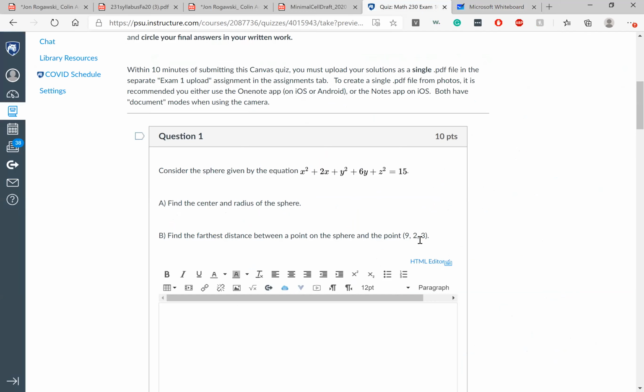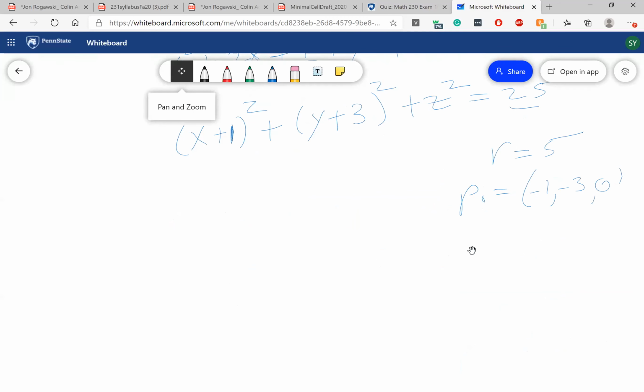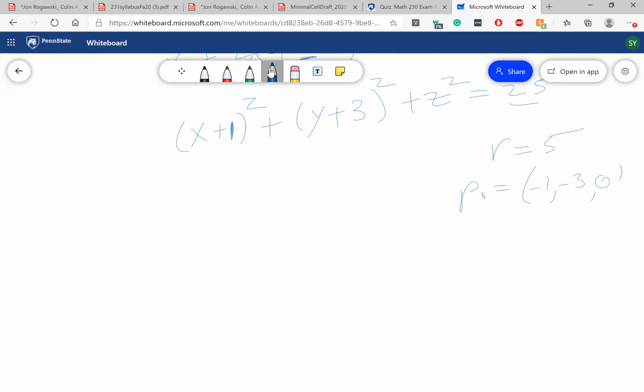Okay, so now we want to find the point on the sphere furthest from the point 9, 2, 3. So let's look at the other point. I'm going to call it Q, 9, 2, 3. So again, like we did last time, if this is the point Q, and this is the point P naught, and here's your sphere, and we want to find the furthest point this time.